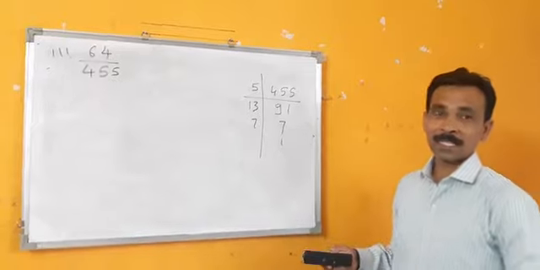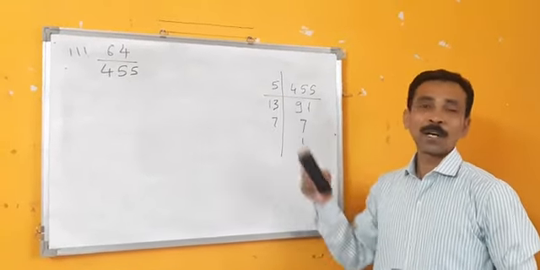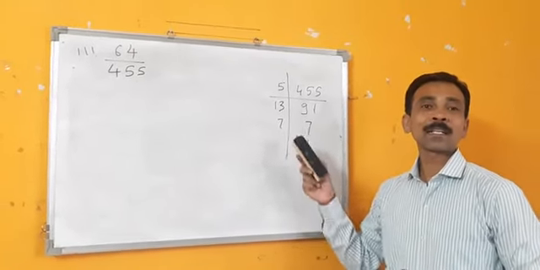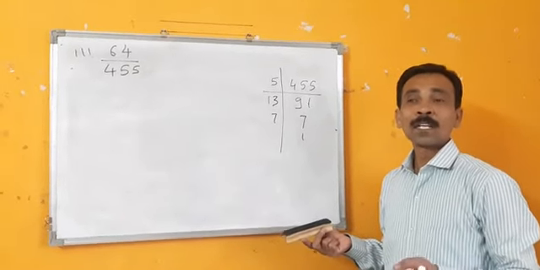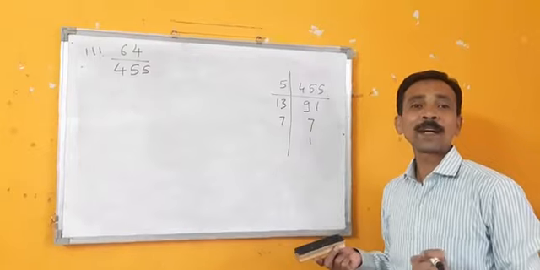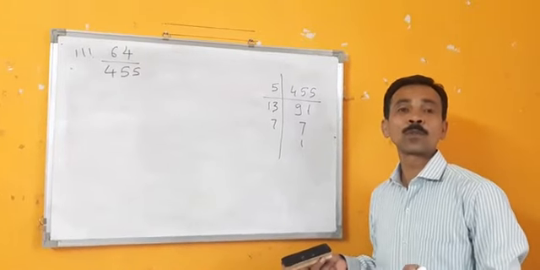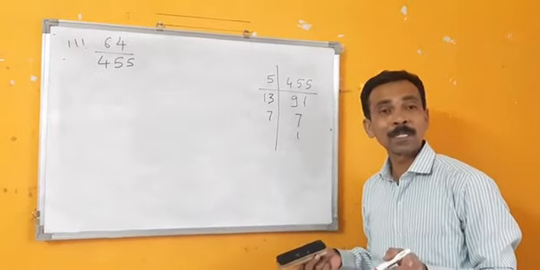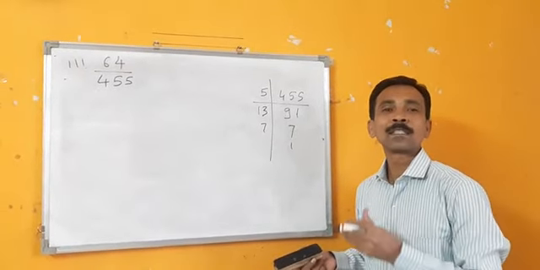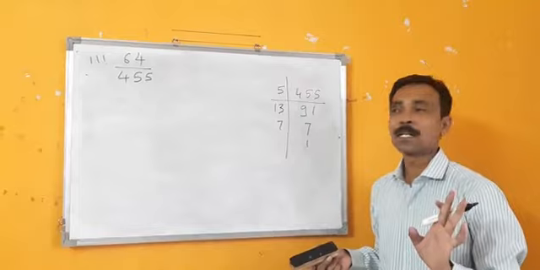But if you look at the factors, one factor is 5, but the other factors are not 5 and not 2 either. All the factors should be of 5 or all the factors should be of 2 or the mixture of 2 and 5. If any other number comes other than 2 and 5, then it is not a terminating decimal expansion.